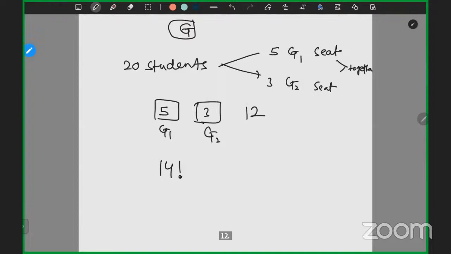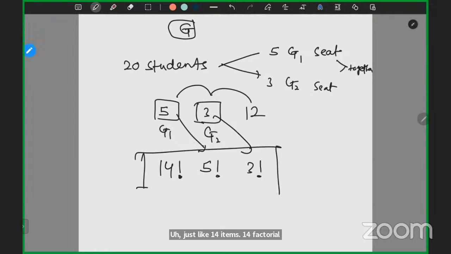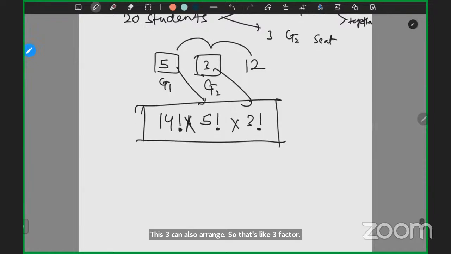The 12 are individual items, plus the two groups, so that's 14 items. So 14 factorial. This 5 could arrange in between, so that is 5 factorial. This 3 can also arrange, so that's 3 factorial. So that's how multiplication works, and that's how you can solve it.